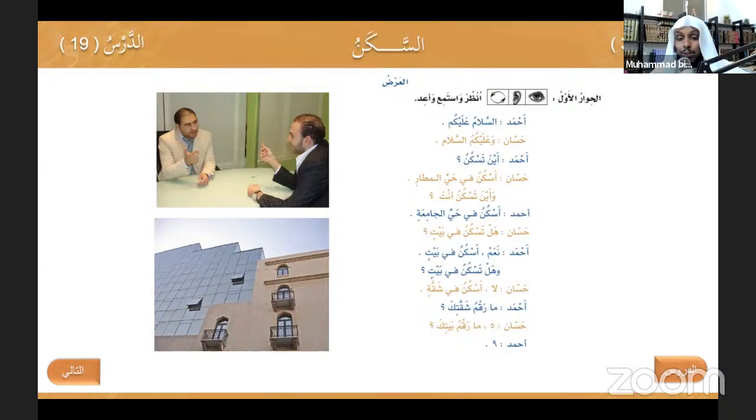So such an individual, if you look at the hadiths, he's called Rasulu Rasulillah, the messenger of the messenger of Allah. So this is similar here. Raqmu shaqqatik, the number of your house. Your is a possessive pronoun, okay, which means it's mudaf ilayh, the number of your house.